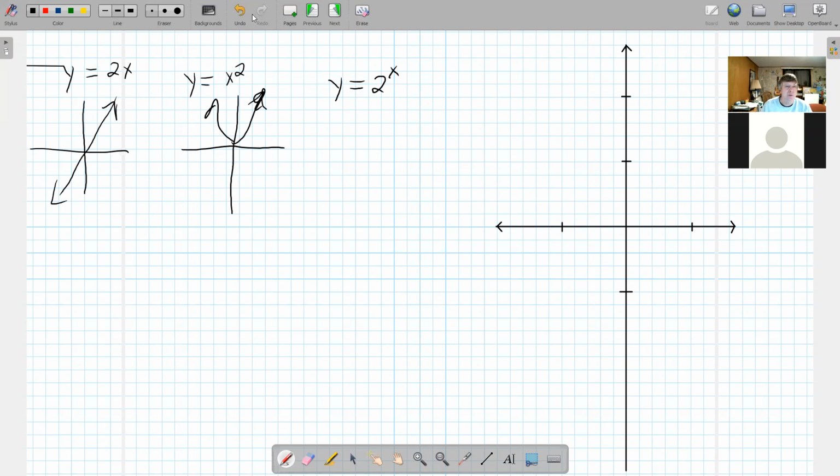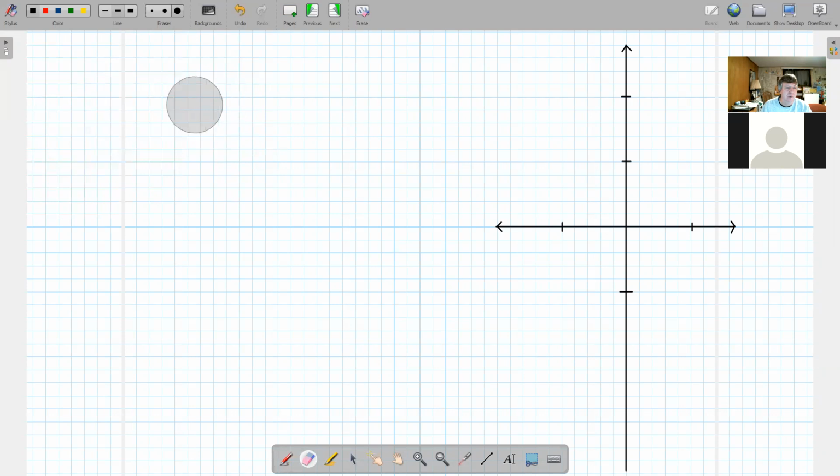Let's start over with just y equals 2 to the x power, make a table with some values, plot it and see what it looks like.